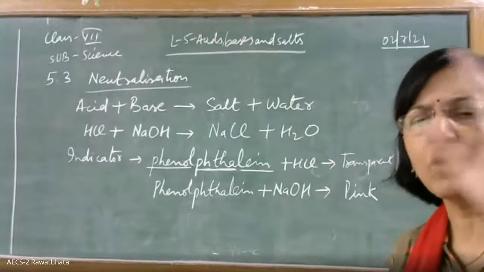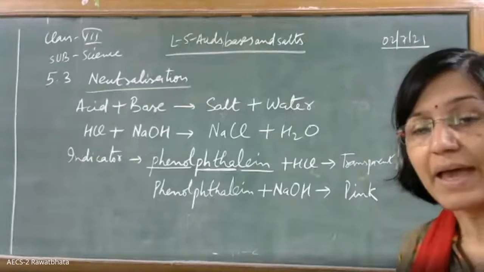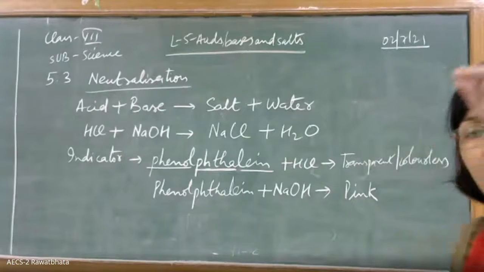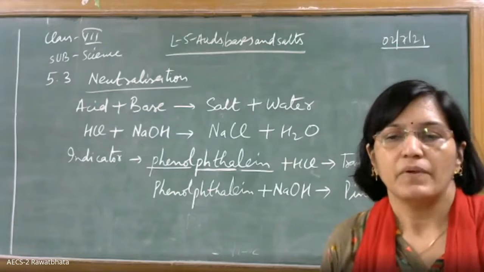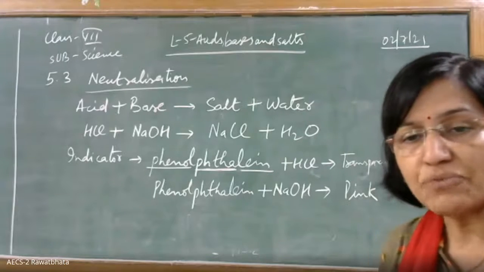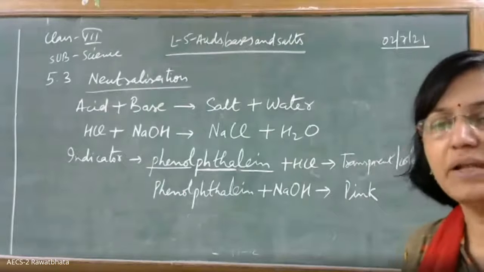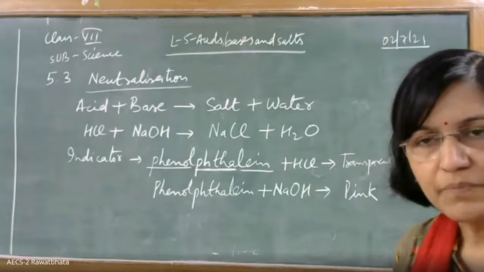Transparent, just like water. And phenolphthalein becomes pink in base. Ma'am, I have doubt. Wait. Let me complete this first of all. Phenolphthalein remains transparent in an acid. This is clear to us?